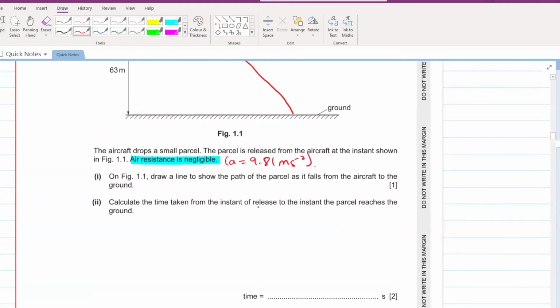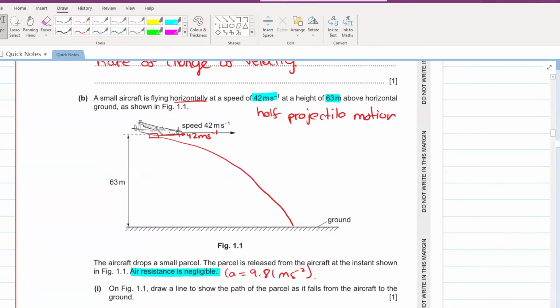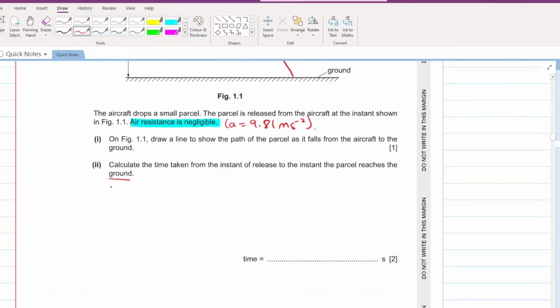Calculate the time taken from the instant of release to the instant the parcel reaches the ground. How are we going to do this? We know that the initial vertical velocity is 0. Let's do the working in the vertical plane.